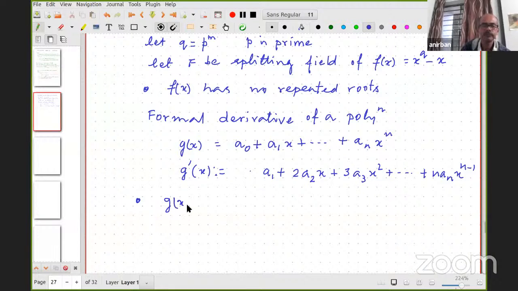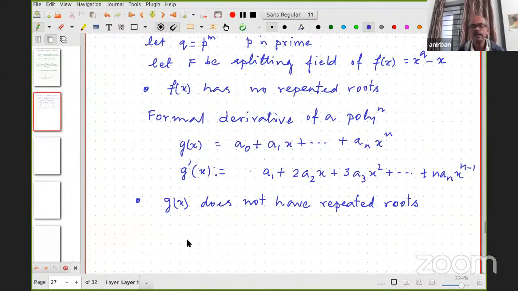And it's easy to see that g(x) does not have repeated roots in any extension of the base field, where it has roots, if and only if g(x) and its formal derivative have no common factor.